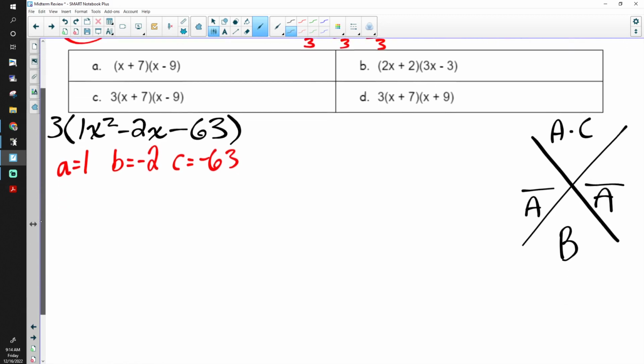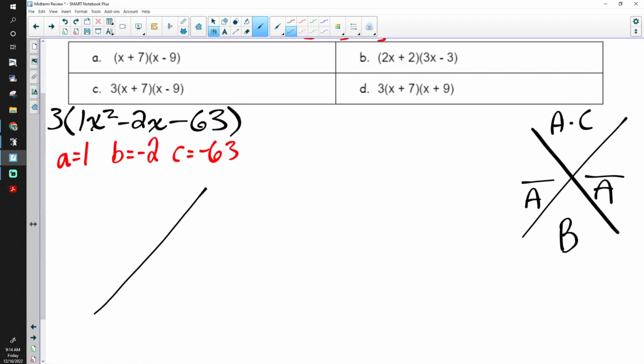Okay, so draw an X. What number will go on the tippity top? A times C. 1 times -63 is -63. Your B value goes on the bottom: -2.